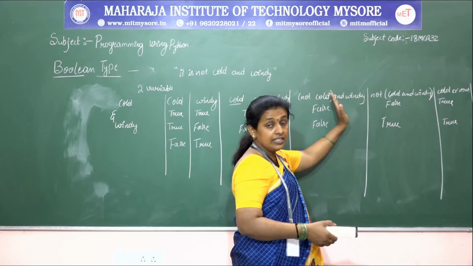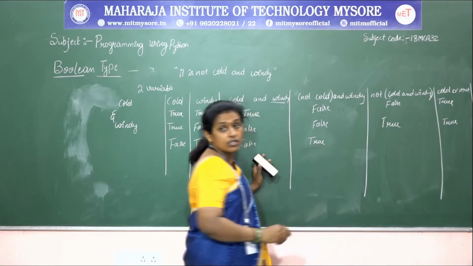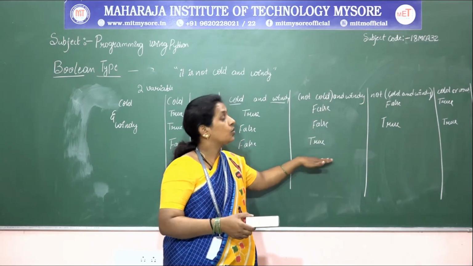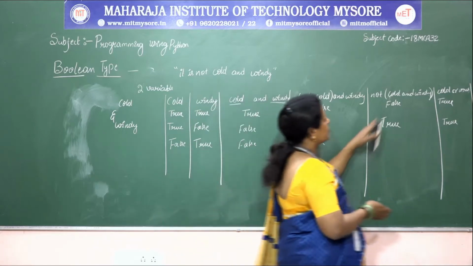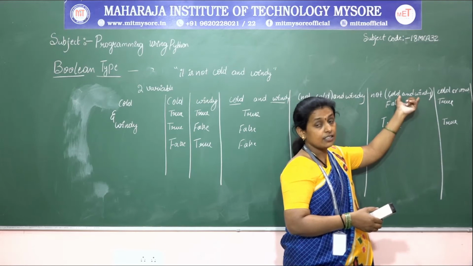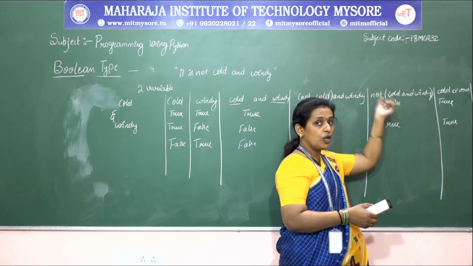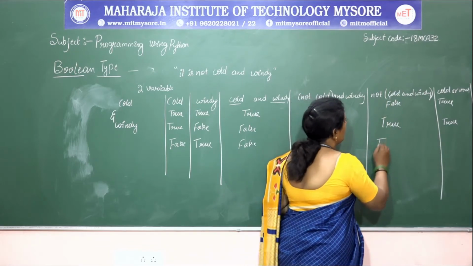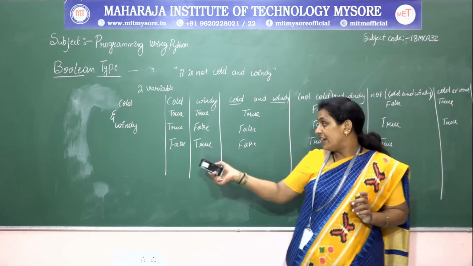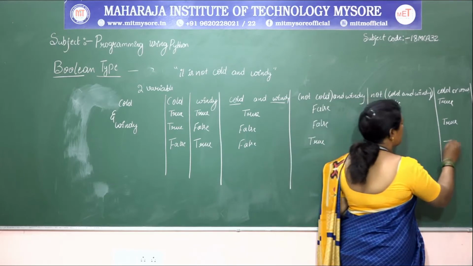When both operands are true, we get the output as true, right? Next, we get the output as false when executing the AND operation. That value is passed to the NOT operator and we get true. With respect to the OR operator, either value is true, so definitely we get the output as true.